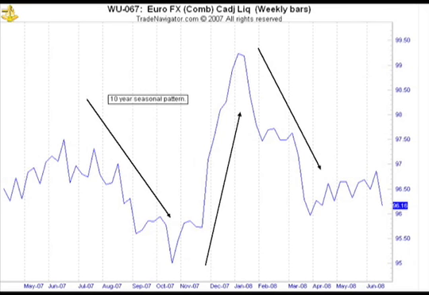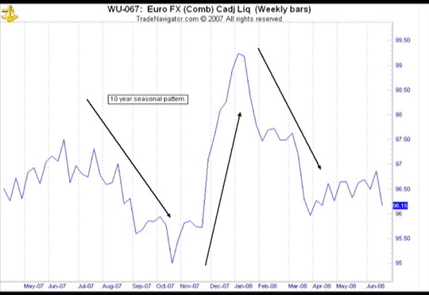If we take a look at the history, I want you to notice that on this euro currency chart, at the bottom right-hand corner, the last time this chart was created was June of 2008. So notice that the market generally has an annual peak sometime right around the end of December, about the fourth week of December.